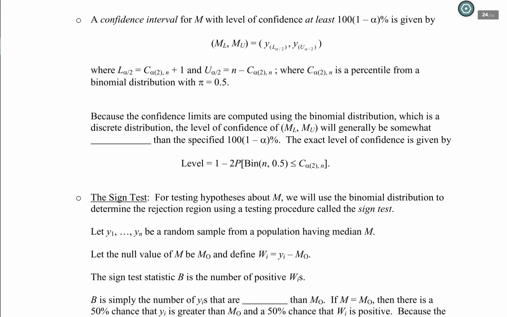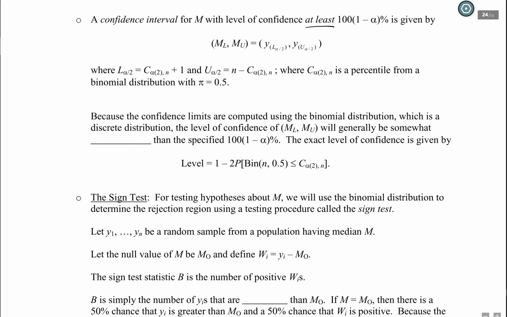An interval estimator would look like this. It is an interval estimator for M, and the confidence level, and this is important, is at least 100 times (1 minus alpha) percent, and it's given by this expression here. The lower bound is y sub L and the upper bound is y sub U, with L and U depending on alpha over 2.